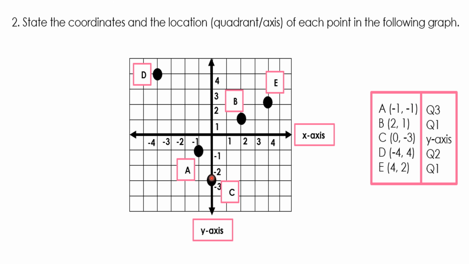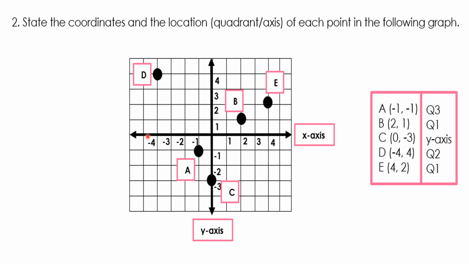Not all points lie in the first, second, third, or fourth quadrants. Some points are on the x-axis or on the y-axis, for example point C, which is on the y-axis. Point B is (2, 1). Since 2, 1 is positive, positive, we determine that it is in quadrant 1. Next, point D is (-4, 4), which is in the second quadrant.